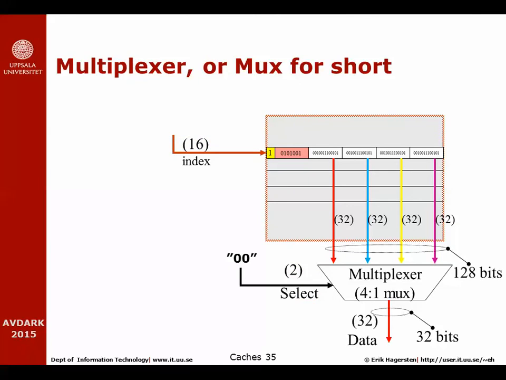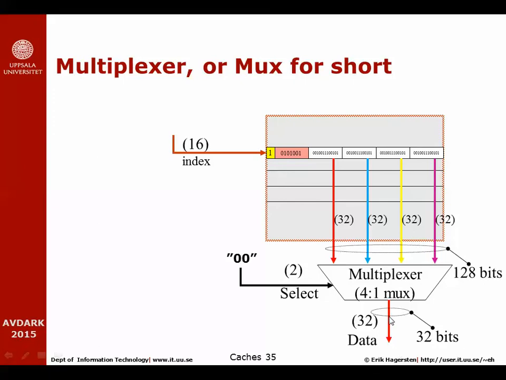Just before we go on, I want to clarify what the job of this multiplexer is. The multiplexer in this example has 4 inputs and 1 output, and the value of these 2 select bits will determine which of these 4 inputs is actually outputted down here.